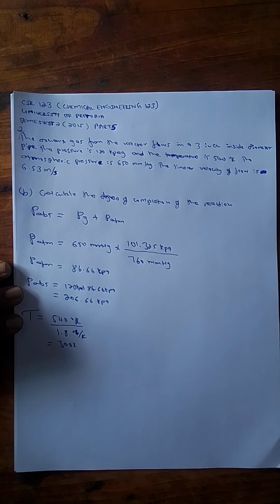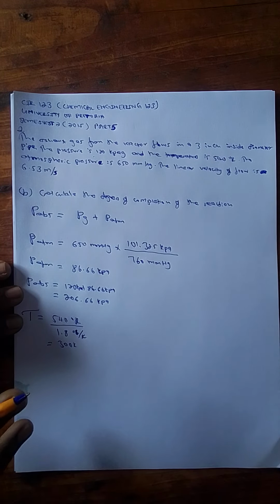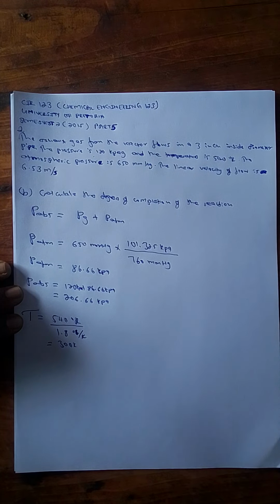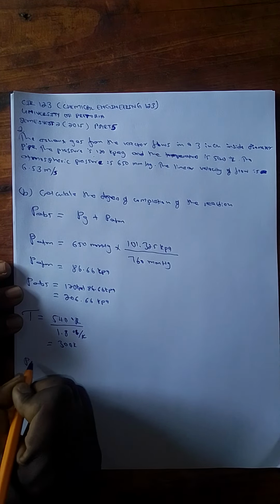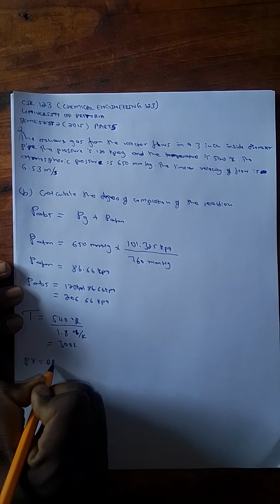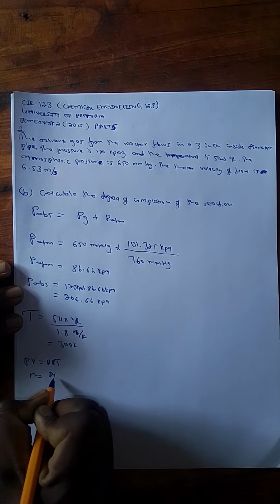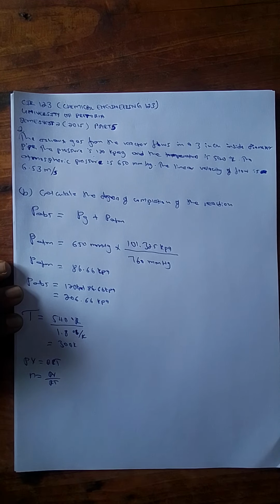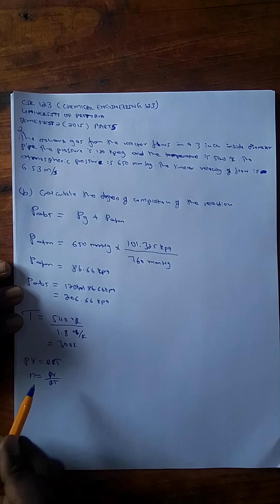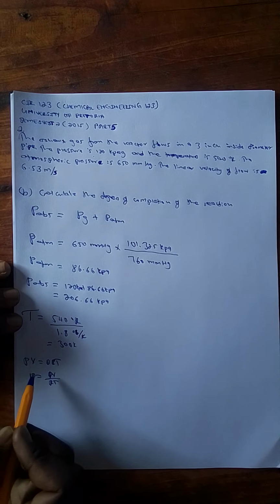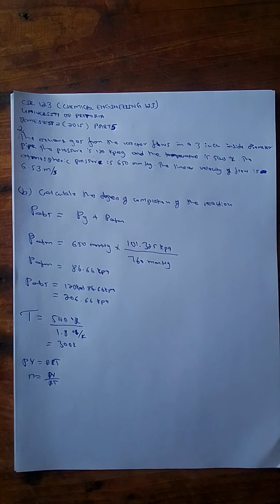But we can use all this information to calculate the total number of moles of the exhaust gas using the equation PV equals nRT, so n equals PV over RT. Though we don't know the composition of the exhaust gas, we can calculate the total number of moles using this equation.